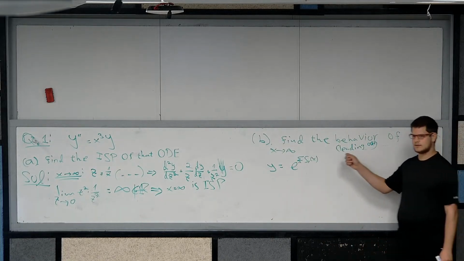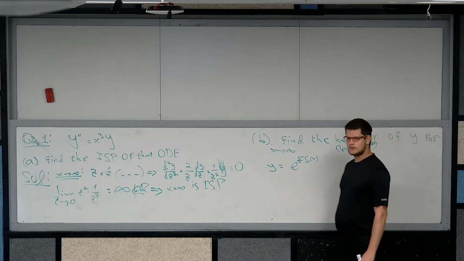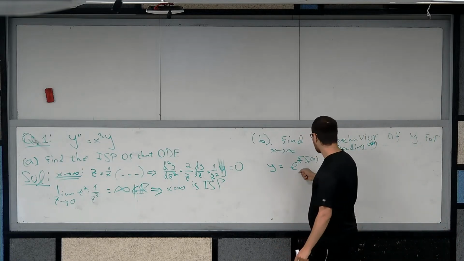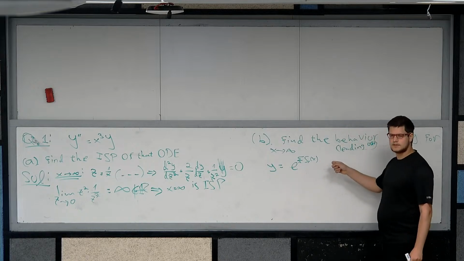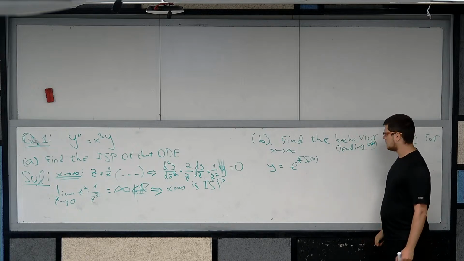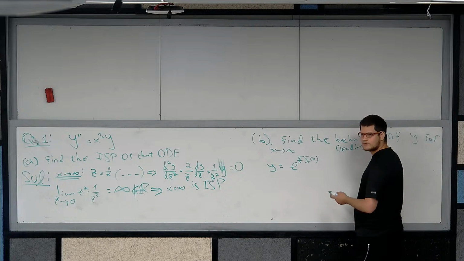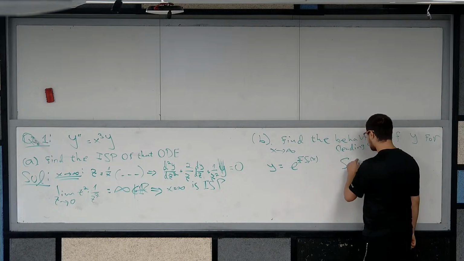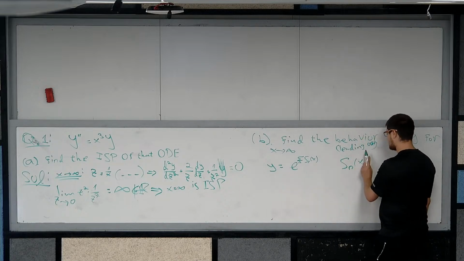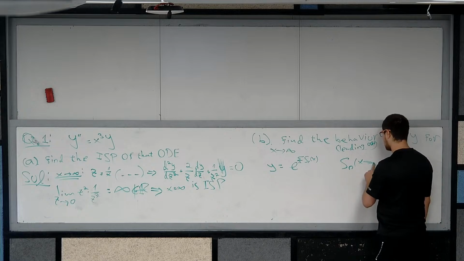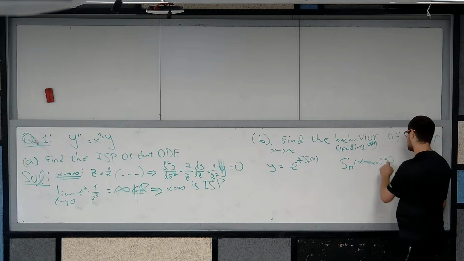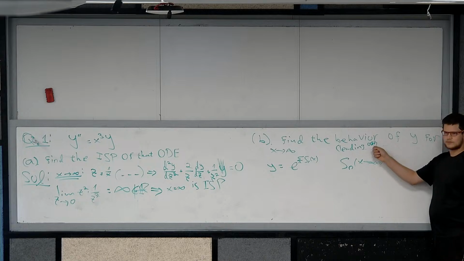And where do you cut that infinite sum? You cut it at the first n that will give you that as x approaches infinity it goes to 0. That is the meaning of leading order.